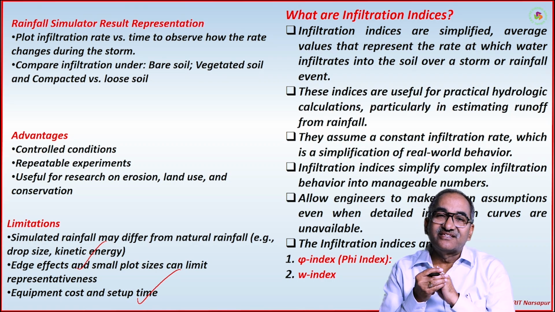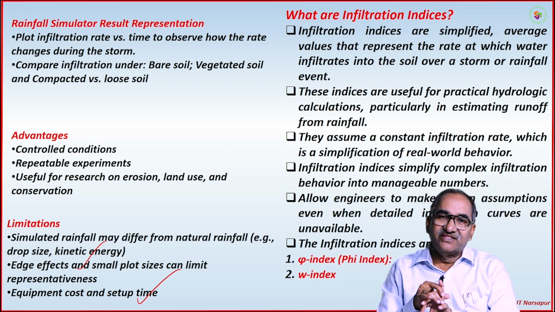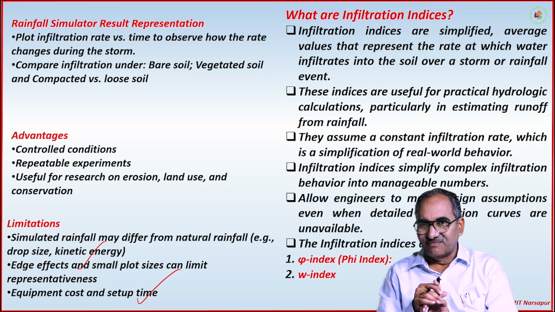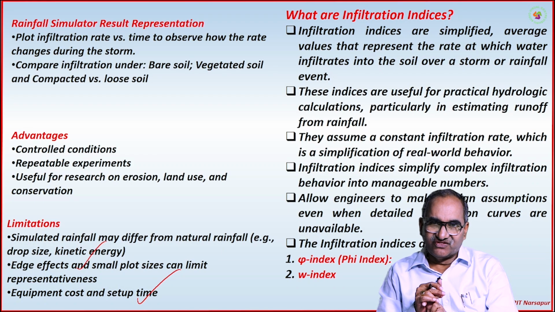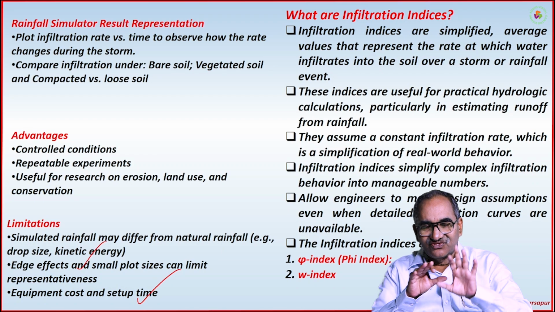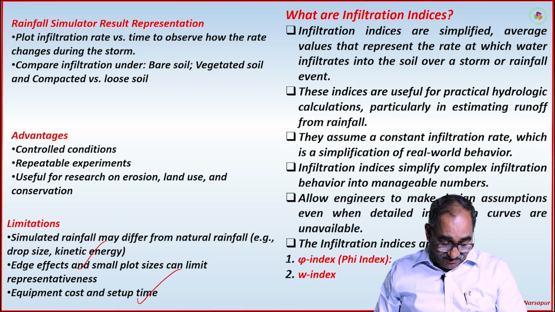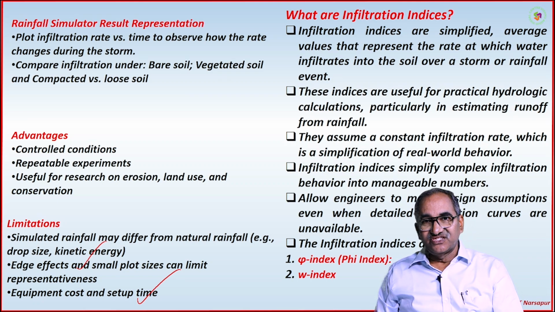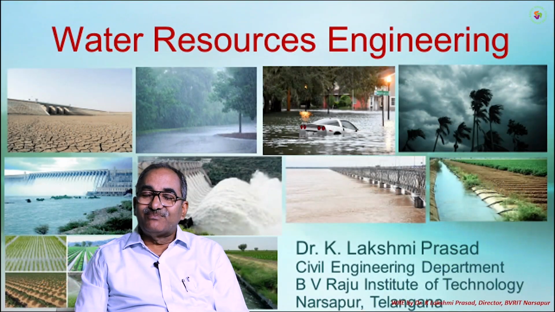First is estimation by an empirical method, Horton's curve, which we explained. Then the conventional experimental methods like single ring infiltrometer and double ring infiltrometer we also explained. Then the rainfall simulator we have also taken. Then what do we mean by infiltration indices and how are they going to be useful? So this completes it for me.